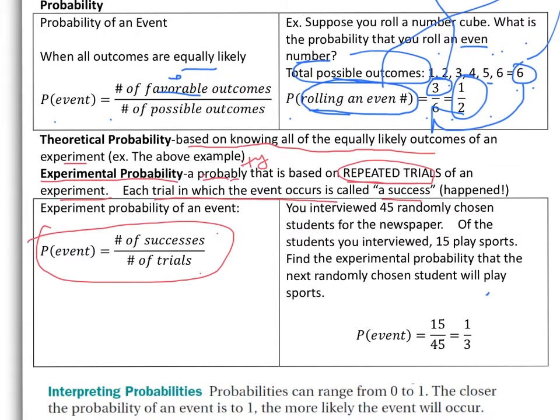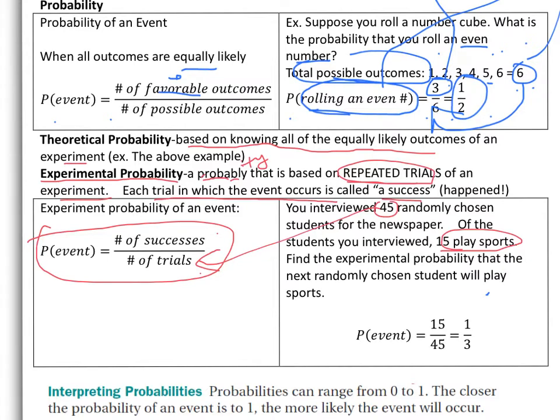Okay, let's read this word problem to the right. You interviewed 45 randomly chosen students for the newspaper. So I went around and interviewed 45 people. That means I've been doing this repeatedly. Because I've been doing this repeatedly, that's why it's considered trials. Okay? Of the students you interviewed, 15 play sports. So I am trying to find people who play sports.